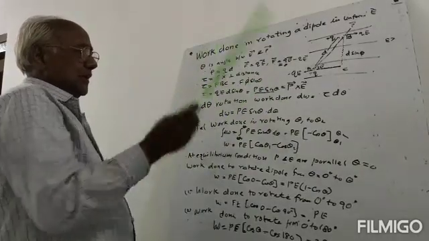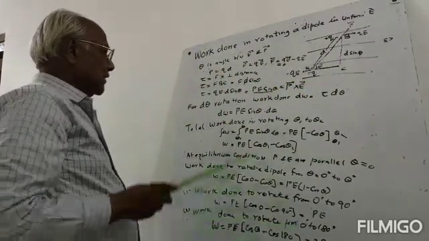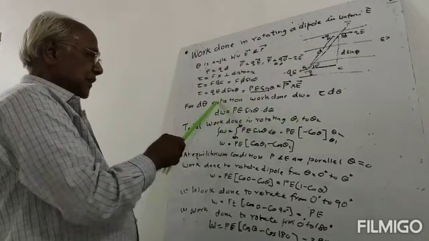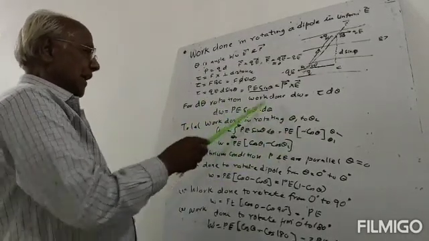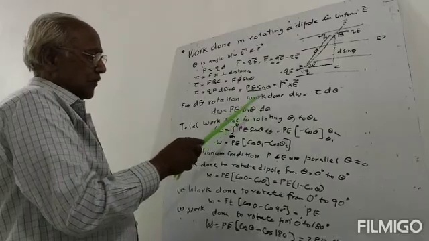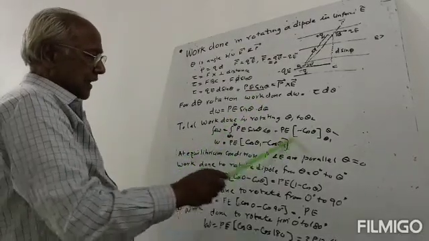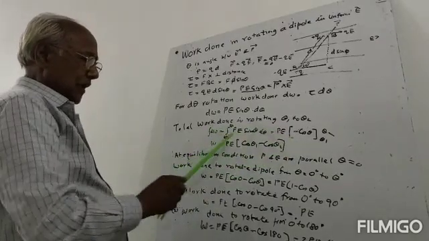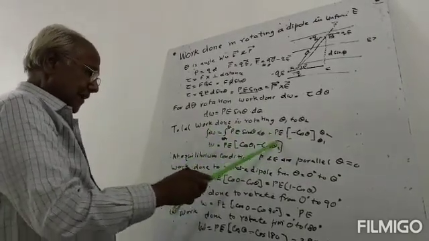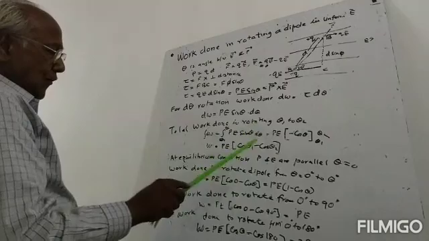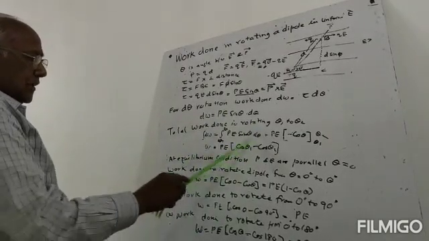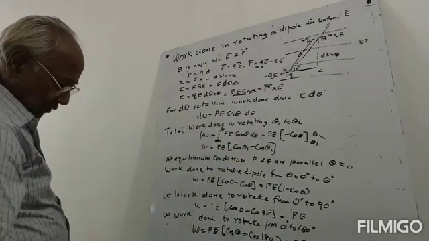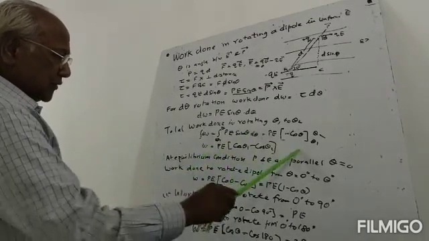So the work done in the case of rotational motion is equal to tau into d theta, and we substitute it and integrate, with theta changing from theta 1 to theta 2, so the work done we can find out. This work done will be energy stored as potential energy, and the change in potential energy from the initial position to the final position, U2 minus U1, will be equal to this much work done.